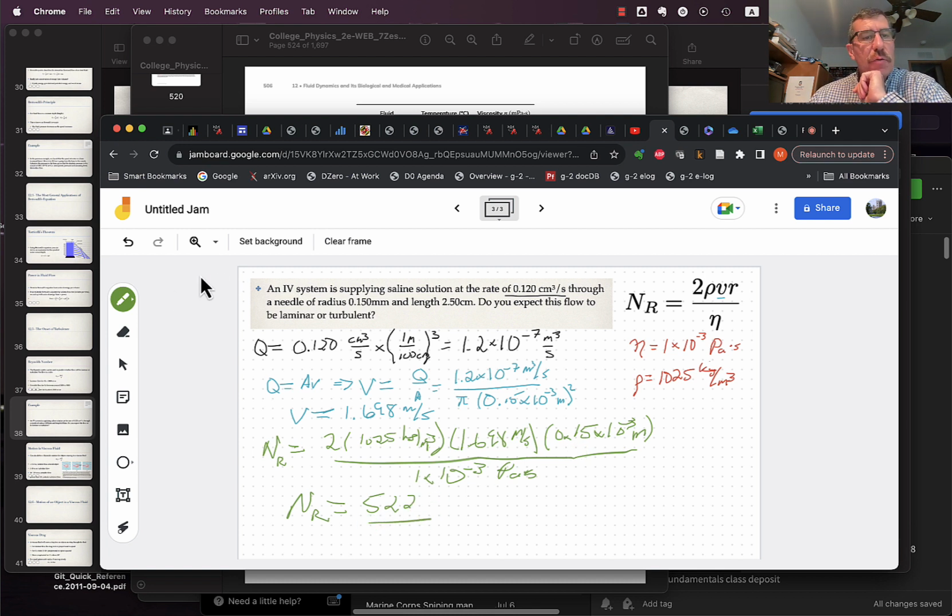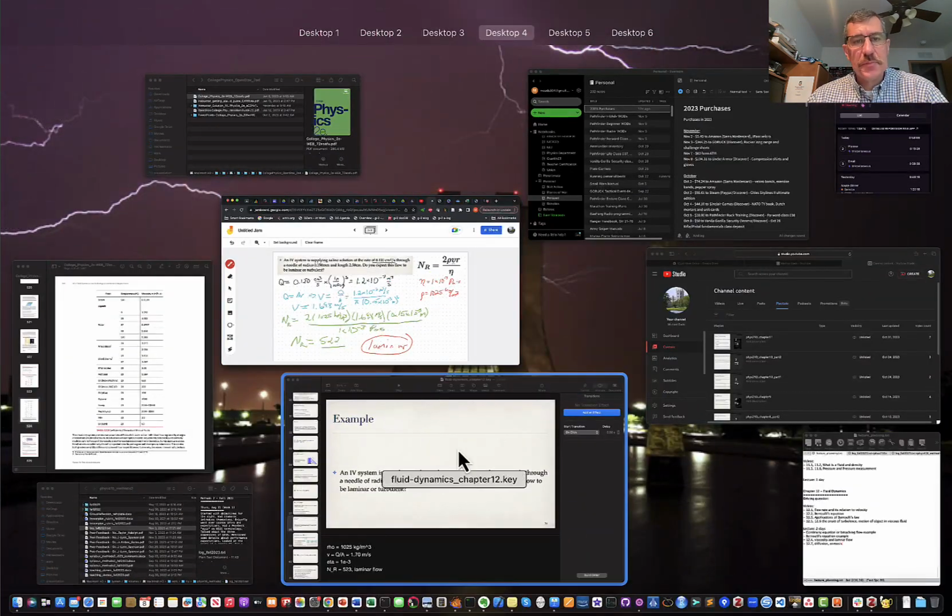If you remember, if the Reynolds number is less than about 2,000, you expect laminar flow. So since our Reynolds number is less than 2,000, we would predict that the flow through this IV tube is going to be laminar.